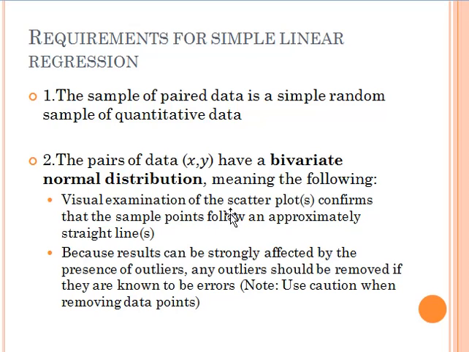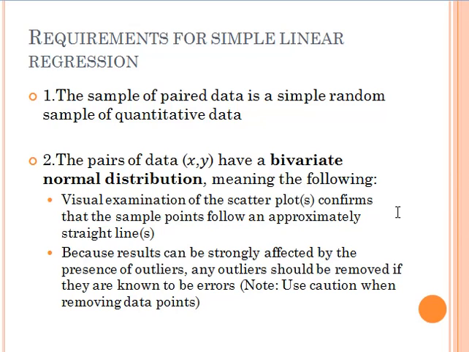It will be a simple random sample. The second condition is that the pairs of data xy, for example, I am denoting my quantitative data here with xy, have a bivariate normal distribution. So the data should be distributed with bivariate normal distribution. It means these following two conditions.